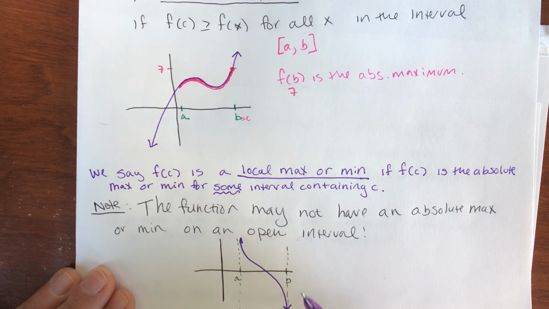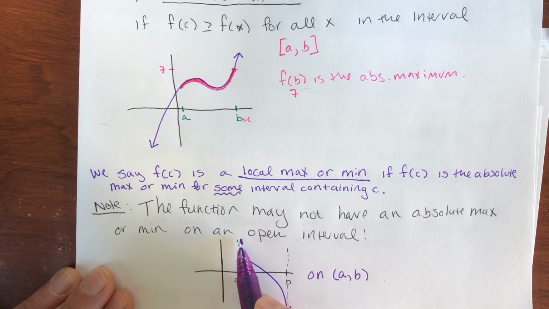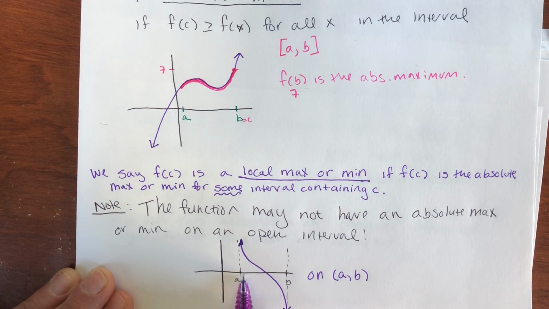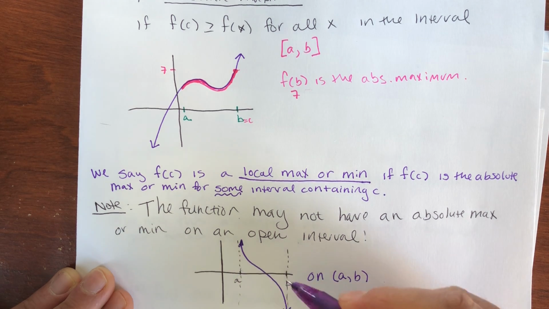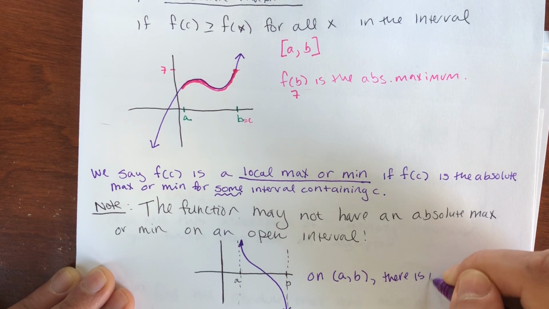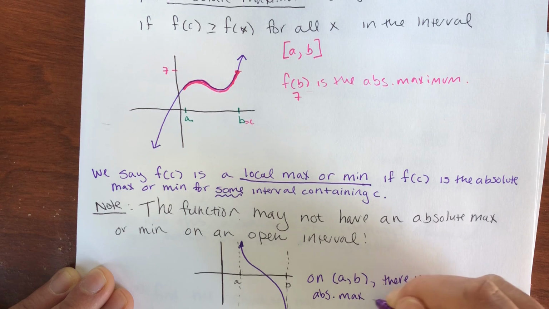If we were to try to find the absolute max or the absolute min on the open interval a to b, there is no largest output, there is no smallest output. You could always find a larger and larger output by choosing an x value that's closer and closer to a. And similarly for finding smaller and smaller outputs by choosing x values that are closer and closer to b. So on this open interval from a to b, there is no absolute max or min.